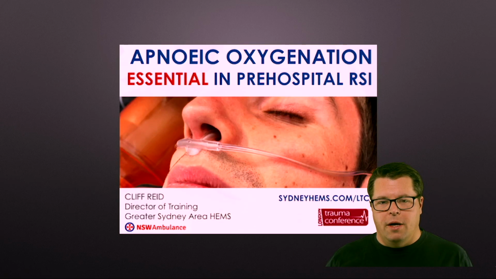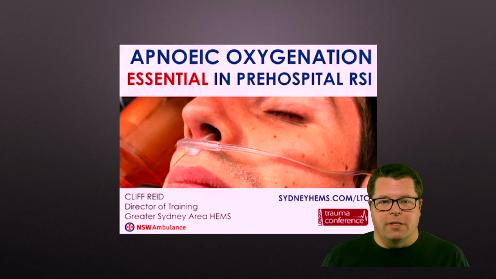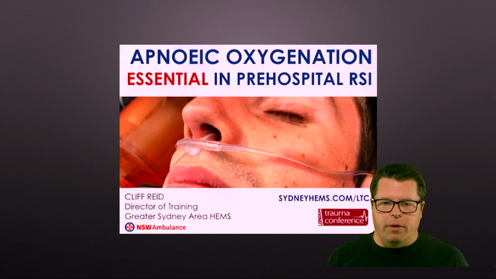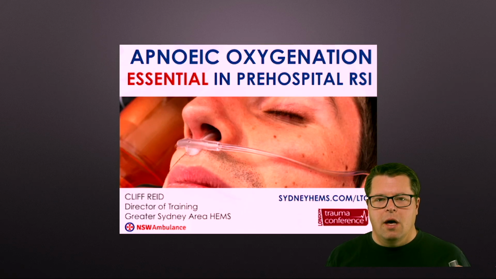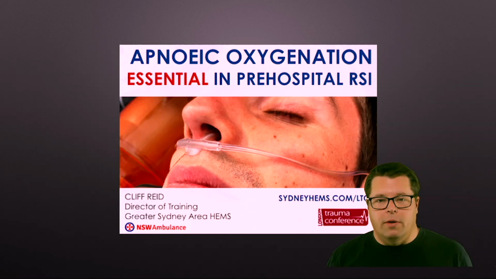That's what you want. You will get some passive oxygenation that happens during the patient's apnea period, which will give you more time to complete your airway attempt. Hopefully on the first time, even though it might take you a little bit more. The bigger question is, do you do it without complication? This helps protect the patient, gives you a little bit of wiggle room when you are doing your intubation attempt.